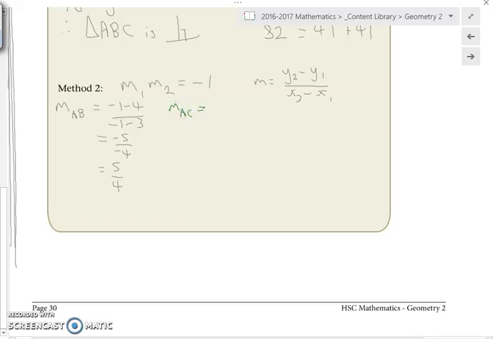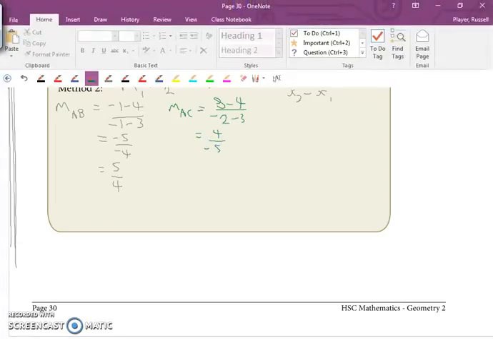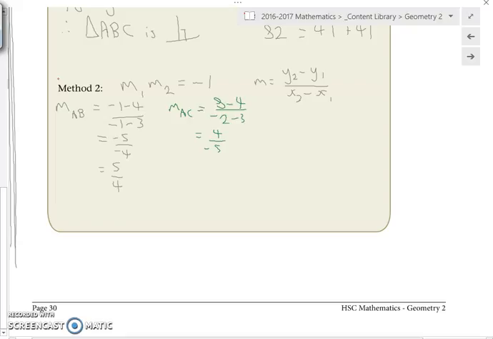Now do the gradient for AC. 8 minus 4 over minus 2 minus 3. I'd probably stop there, personally.